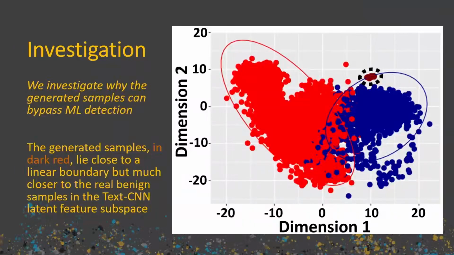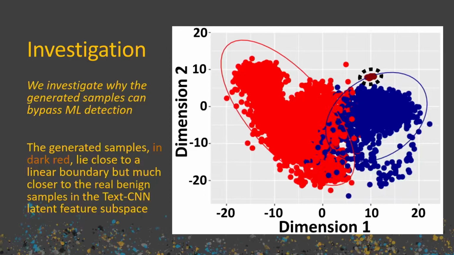So we investigate why the generated samples can bypass those machine learning systems. We have a 2D visualization here, where the red corresponds to the ransomware cluster, and the blue is the benign-ware cluster. We also plotted the adversarial examples in this 2D plot. The adversarial examples are in the dark red small cluster, as we can see.